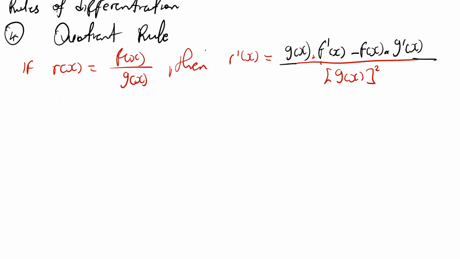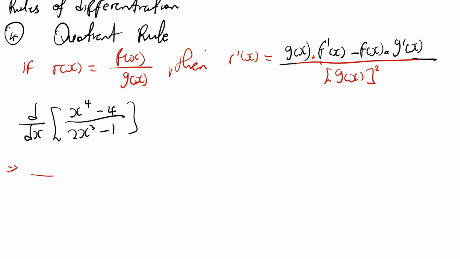So let's say we have to differentiate x to the power of 4 minus 4 all over 2x cubed minus 1. We need to apply the quotient rule here, as you can see we have functions dividing each other. As I said, the first thing is to square our denominator, so we do the very same thing: 2x cubed minus 1 squared.